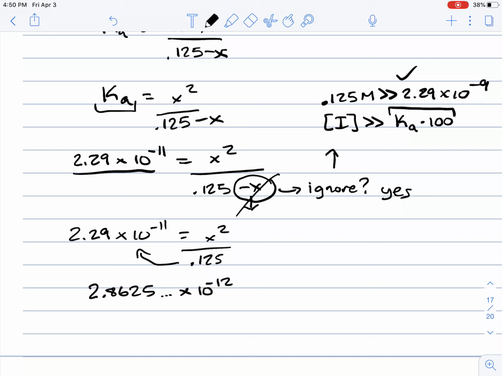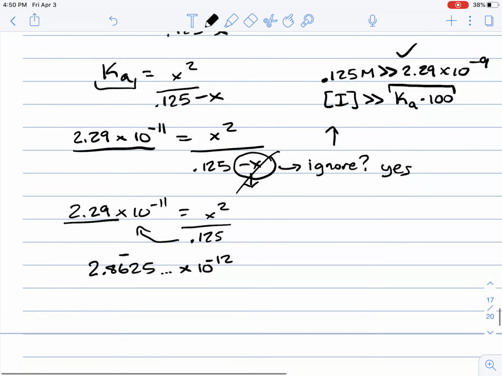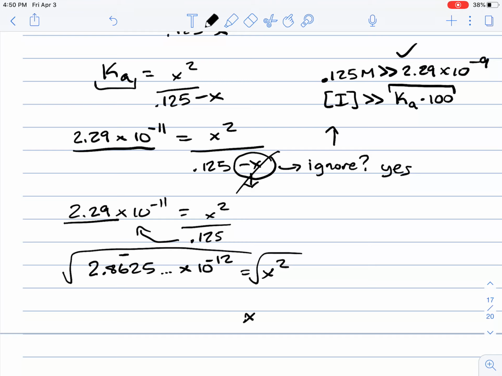Since we want to keep only 3 sig figs, we're going to put a little mark above the 6 to remind us that we're only going to keep up to that point. And so this is going to equal x squared. So take the square root of both sides. And the value for x to the correct number of sig figs is 1.69 times 10 to the negative 6.